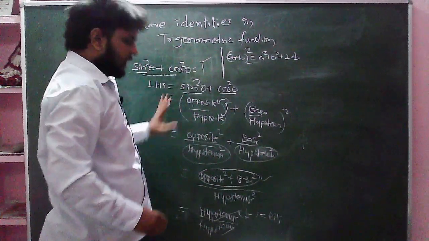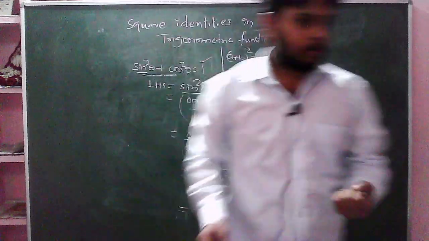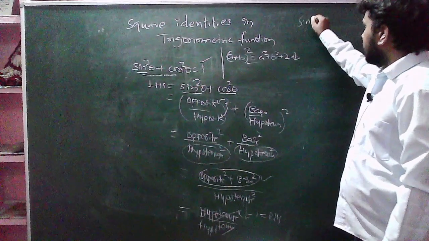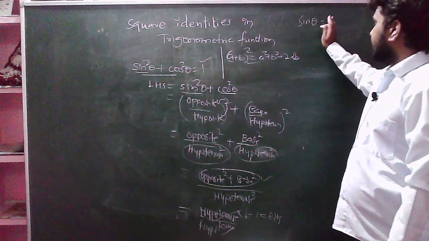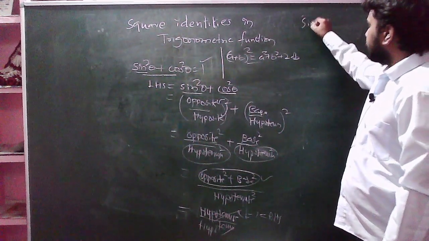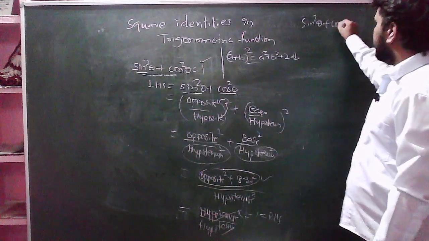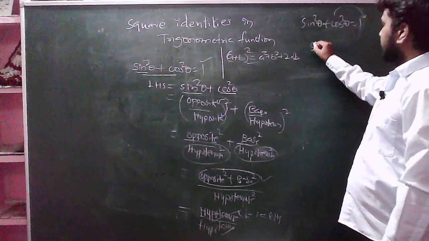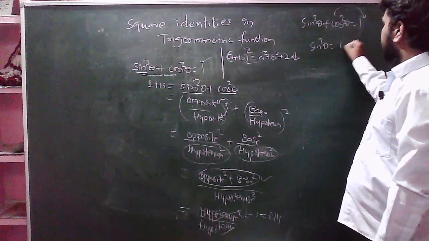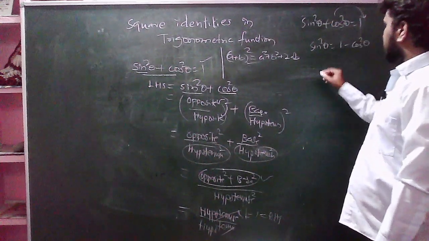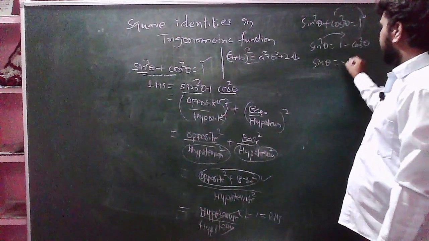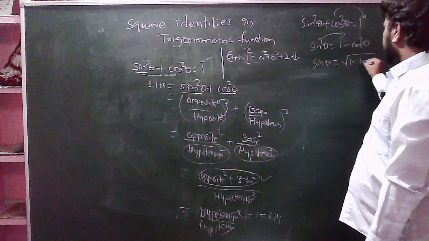From this identity, I can make as many identities as possible. If I want the sin theta formula, I take the identity sin square theta plus cos square theta is equal to 1. If I send cos square theta to the other side, it becomes sin square theta is equal to 1 minus cos square theta. Then sending the square to the other side, sin theta is equal to under root of 1 minus cos square theta.